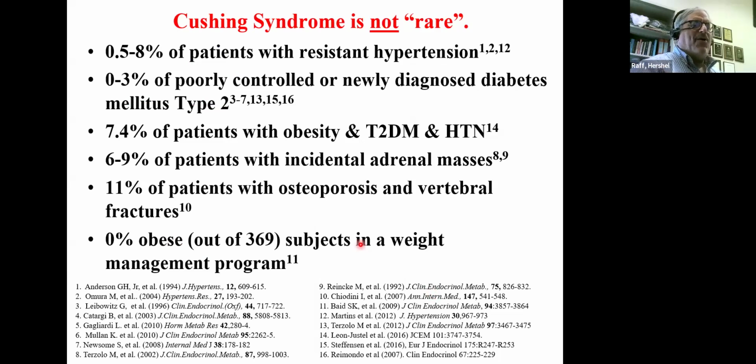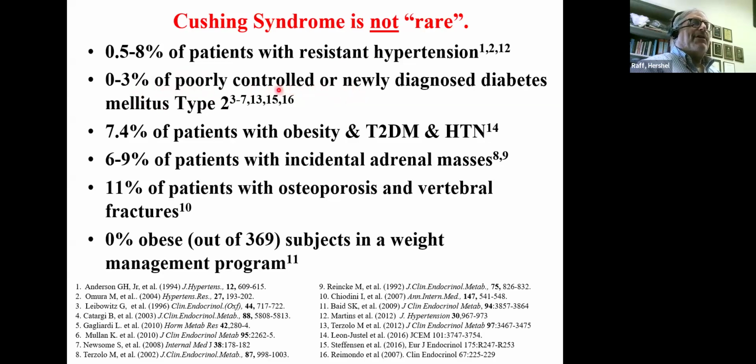Now, if there's one take-home message here, it is that unlike what we learned in our training, Cushing syndrome is not rare. It's unusual, but it's not rare. Up to 8% of patients with resistant hypertension, that is, you're giving 2 or 3 antihypertensives and the patient's still not under control. Up to 3% of poorly controlled or newly diagnosed diabetes.